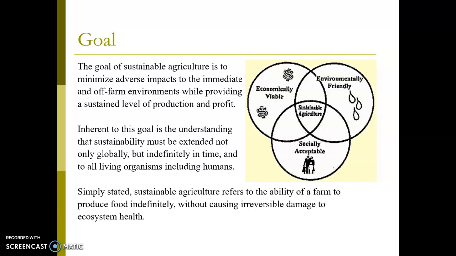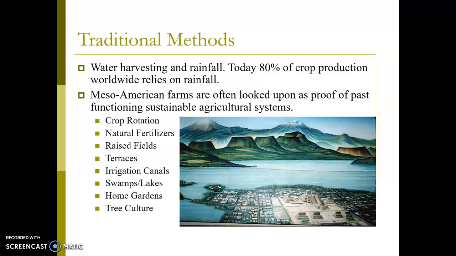There are many aspects to sustainable agriculture which are also mentioned in some of the documents shared by FAO and GIZ. So the next slide is based on traditional methods. Water harvesting and rainfall. Today 80% of the crop production worldwide relies on rainfall.